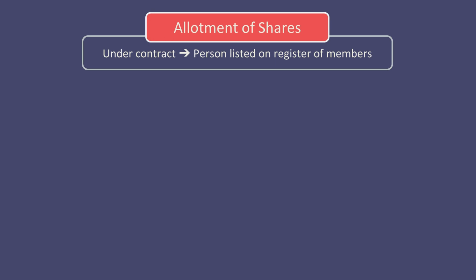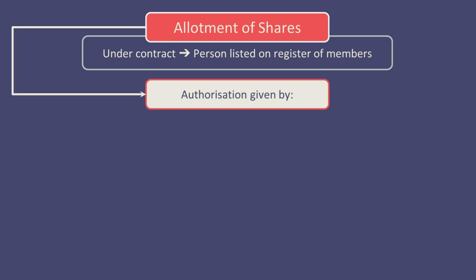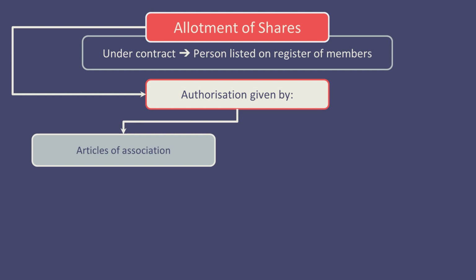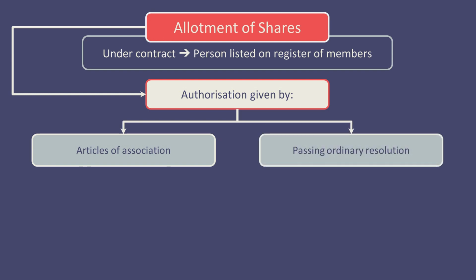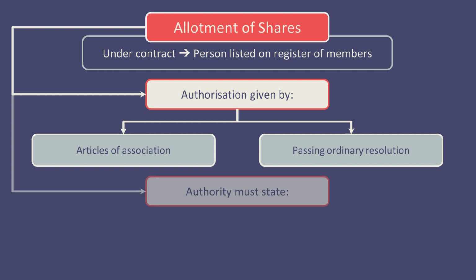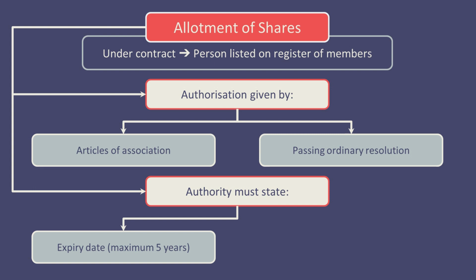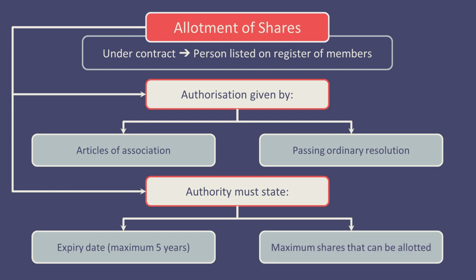They are given the authority to allot shares by the Articles of Association or by passing an ordinary resolution. The authority they are granted must have an expiry date. The maximum time is 5 years and it must state the maximum number of shares that can be allotted.